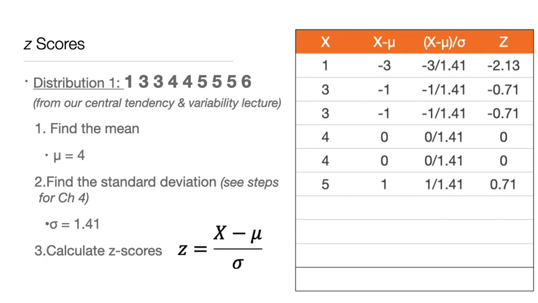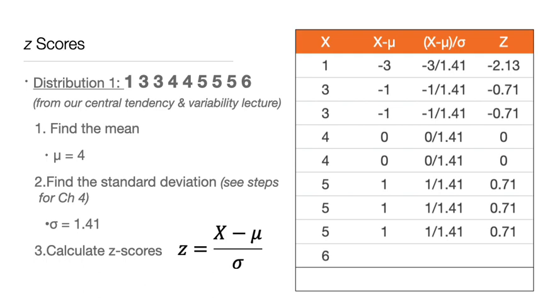Notice that the z-score for our 3 and the z-score for our 5 are essentially the same. They just differ in whether they're positive or negative, and that's because they're the same distance away from the mean. This is what z-scores are doing. It's standardizing this for us so that we can make those comparisons.